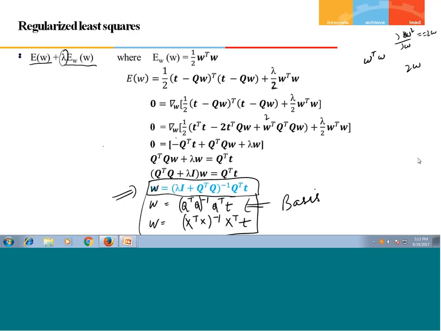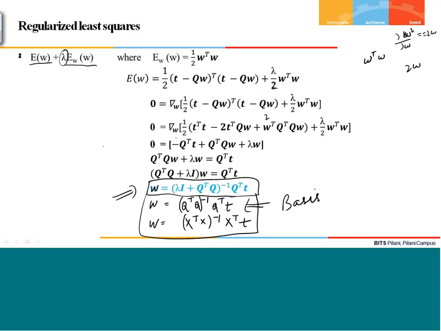You are just doing some algebra, and in this algebra you directly get the solution of min and max. But in some cases you don't get a closed form solution.